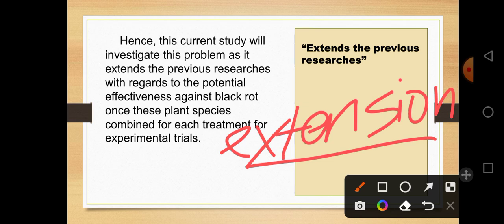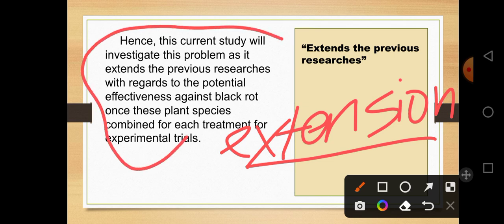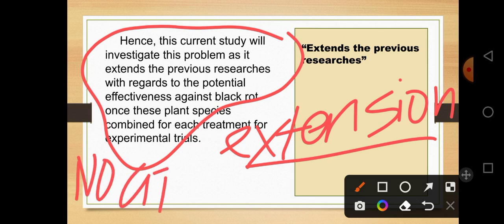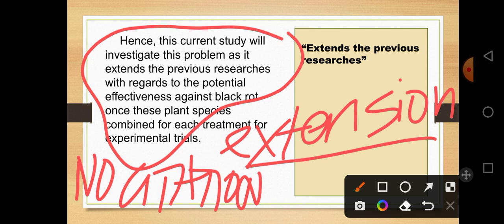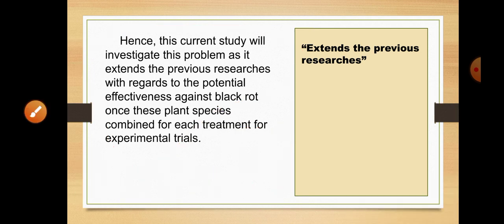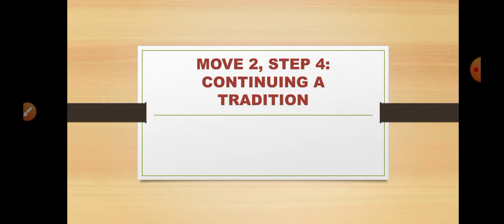And take note, class, are citations needed for this part? There are no citations needed for this part. In this part, you will present your study as a useful extension of the previous researches. And this will be known as step 4, known as continuing a tradition.